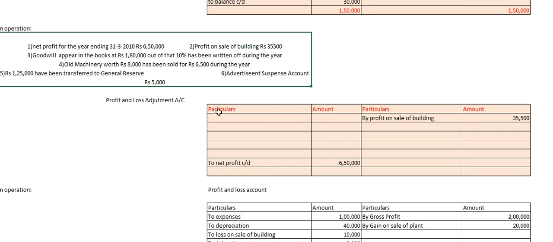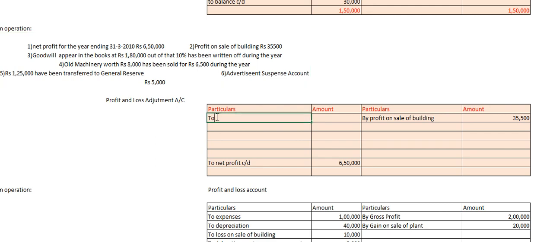So goodwill written off, an intangible asset written off, will be debited. Goodwill written off. So you should calculate, it is 1,80,000 into 10%. So you have the amount to be 18,000.